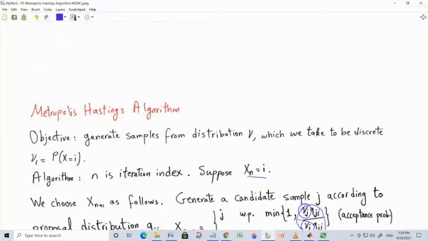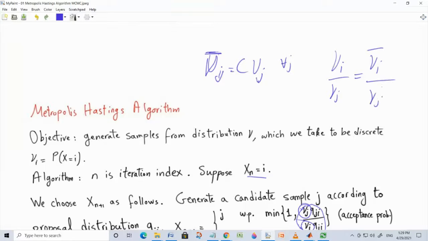So basically, if you know that mu i is equal to some constant C times mu i bar, or let's put it the other way, what you know is a scaled version of the actual distribution, and you don't know C, and for computational reasons you are not interested in computing it. If this is true for every j, then the missing thing is just a normalization constant, which is not a problem, because mu i over mu j is equal to mu i bar over mu j bar, since there is just an unknown constant.